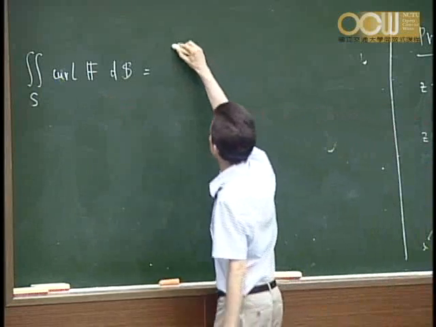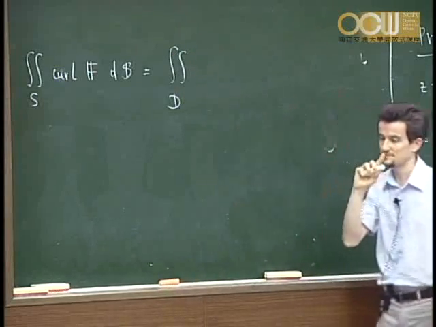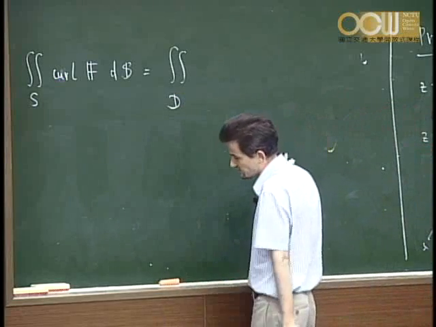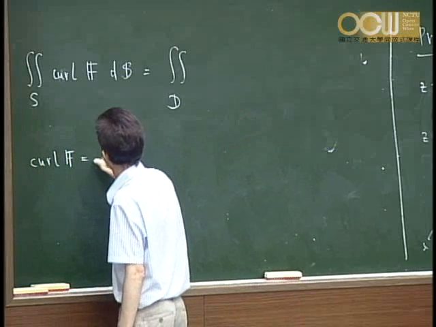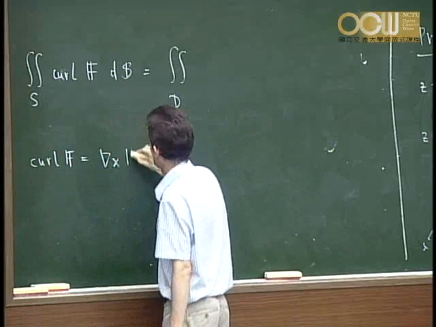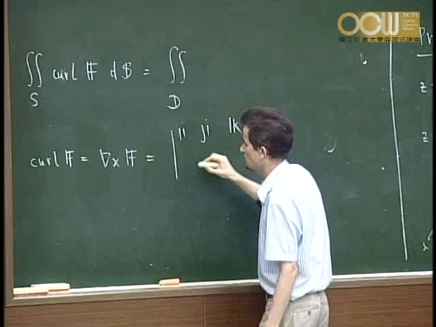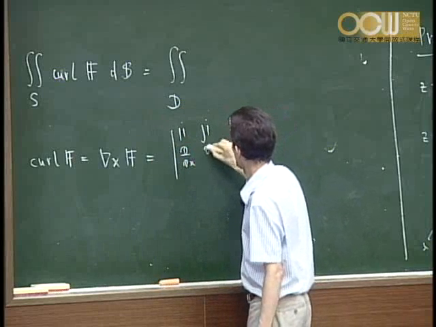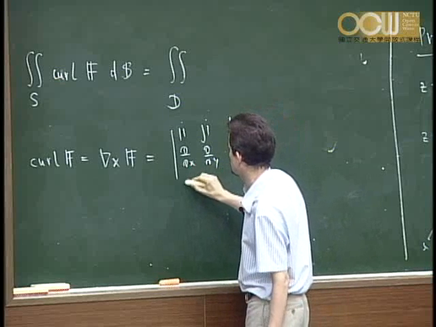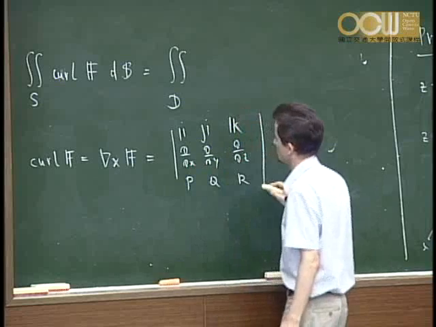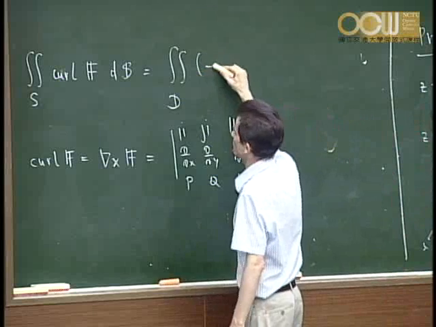So you can compute this as a double integral over D, and then you have the components of the curl of F. Here we have P, Q, and R. So you just use the formula I showed you before.